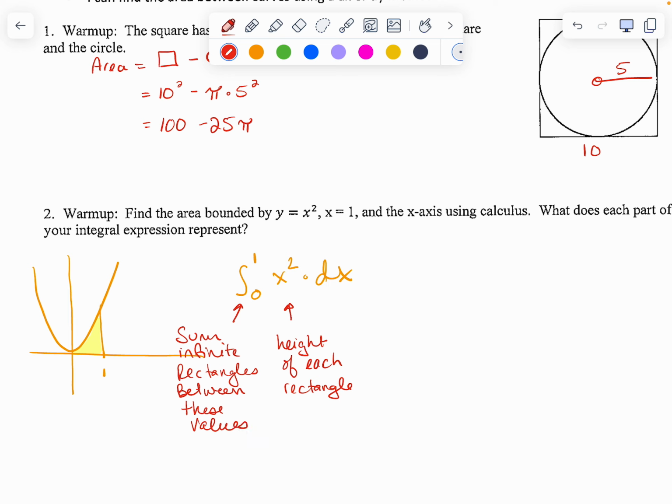Remember our Riemann sums? We're doing an infinite sum of rectangles. The height of each rectangle is x squared, and dx is the width of each rectangle. So can the dx change? It does change. That's the whole point of our Euler method that we just did.